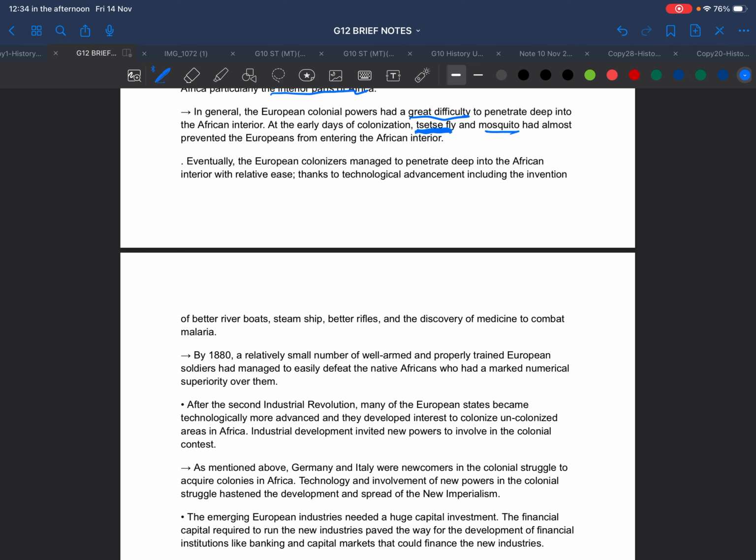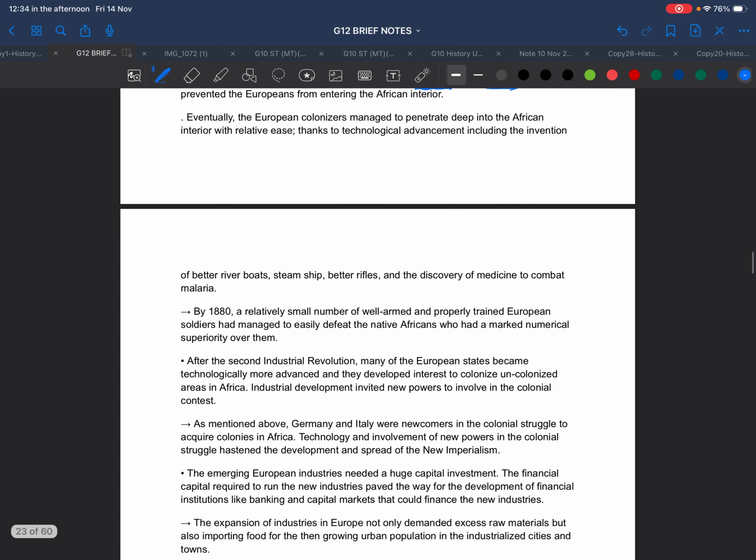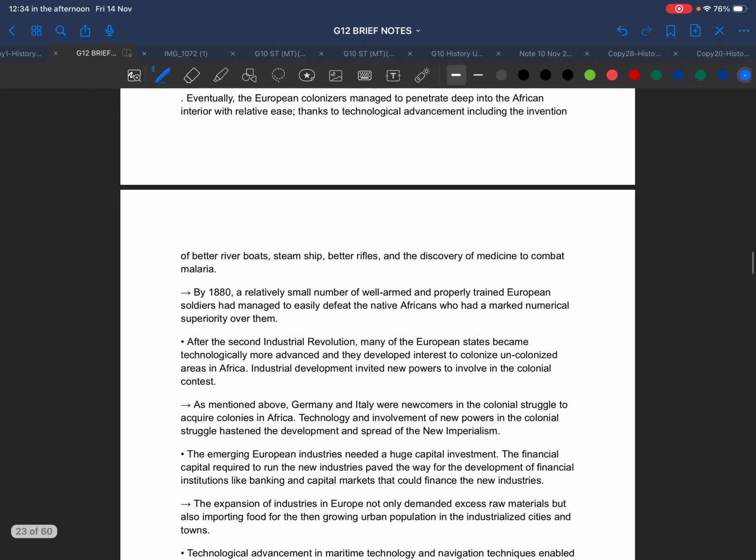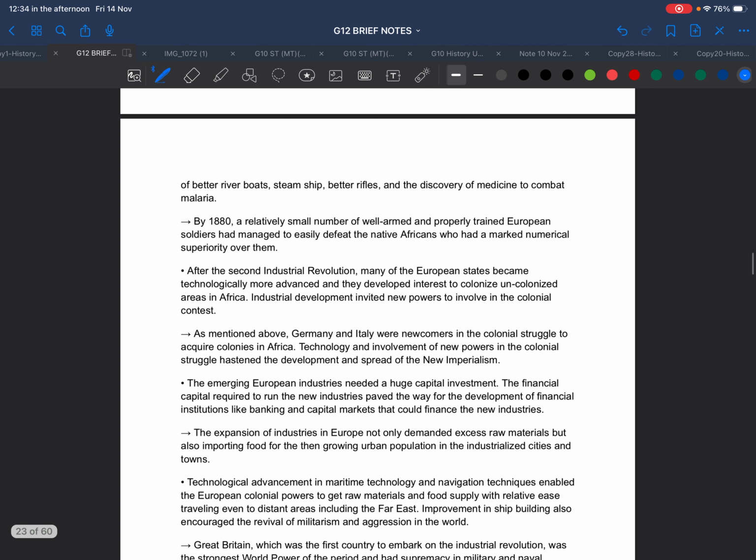Eventually, the European colonizers managed to penetrate deep into the African interior with relative ease, thanks to technological advancement, including the invention of better river boats, steamships, better rifles, and the discovery of medicine to combat malaria.